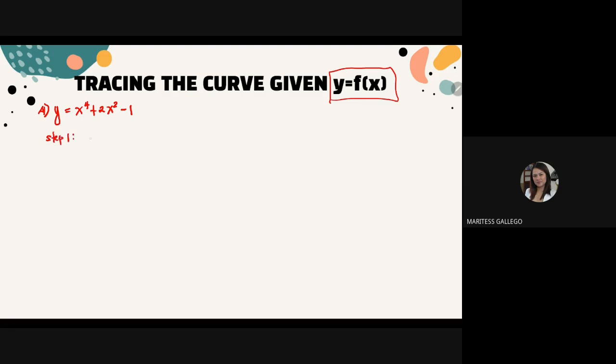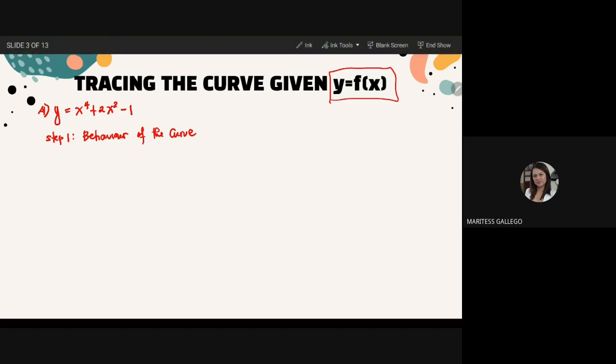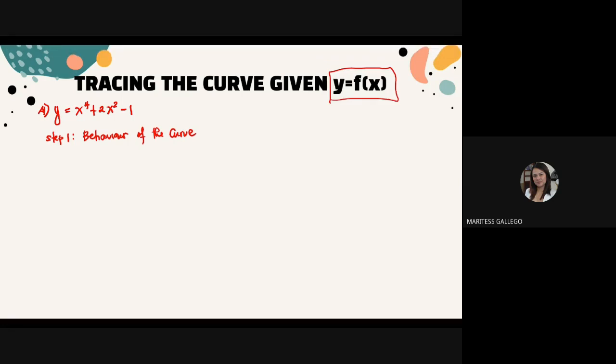So step 1, sabi dyan is the behavior, right? Behavior of the curve. So yun yung aalamin natin. And that is by assuming now values, large values of x and small values of x. So let's say, if your x is a very large number, so usually pag ganyan, kinukuha lang natin yung leading term.